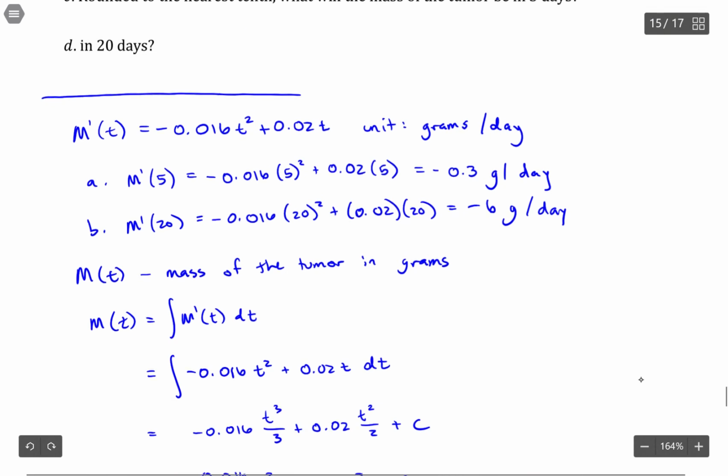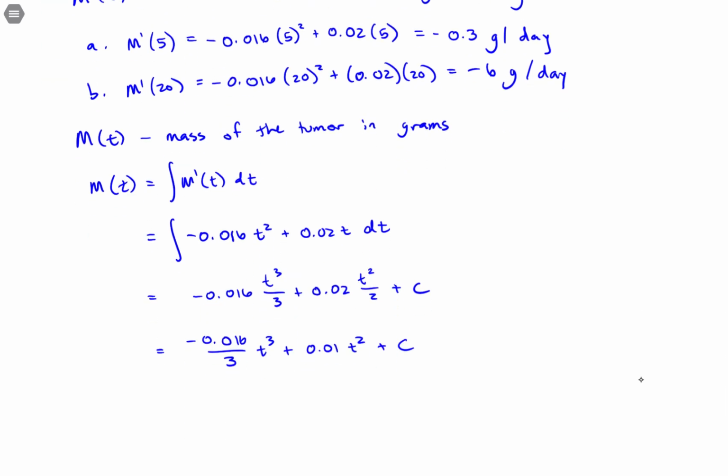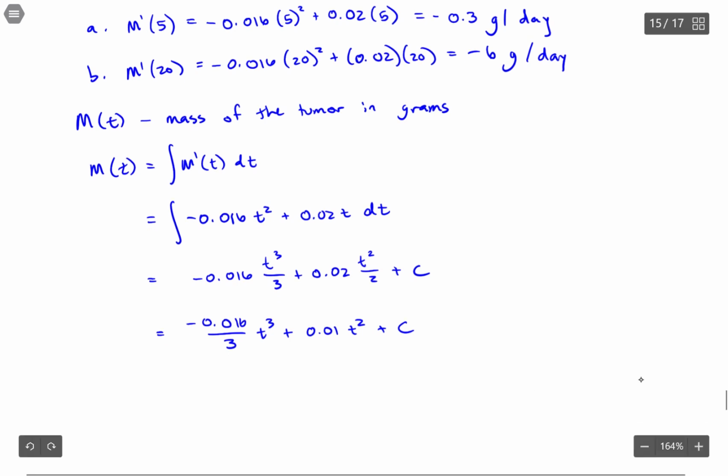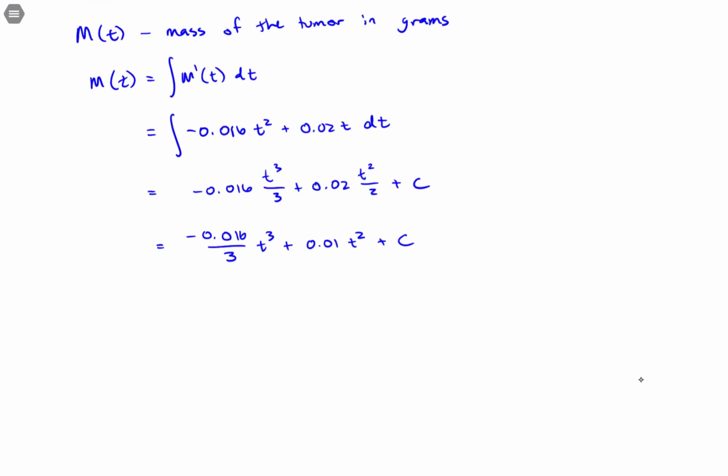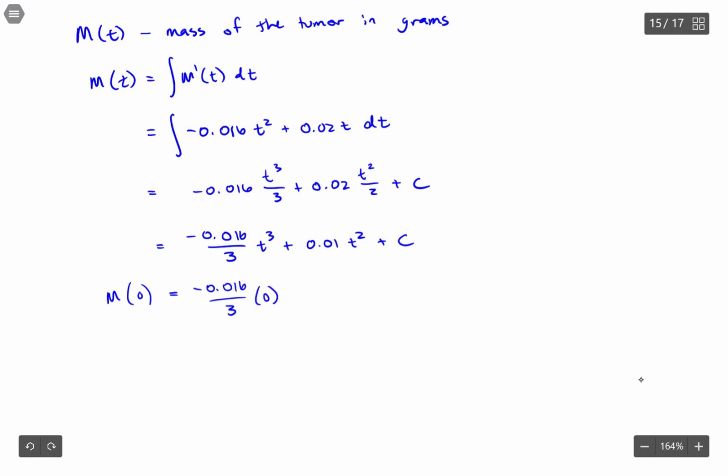Now, don't fall into the next trap, which is to just change c to 150. It might work out that way. Sometimes it does. Sometimes it doesn't. Just solve. It's not a big deal. So we're saying the mass at time 0, which would be negative 0.016 divided by 3 times 0 cubed plus 0.01 times 0 squared plus c.